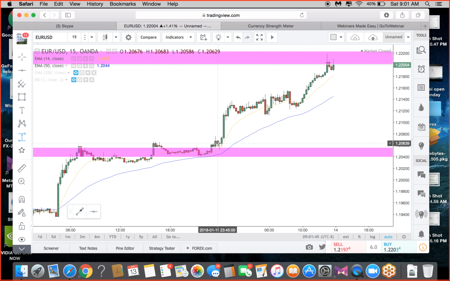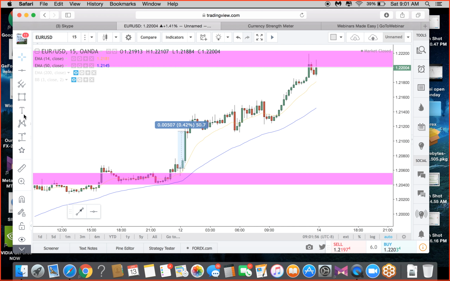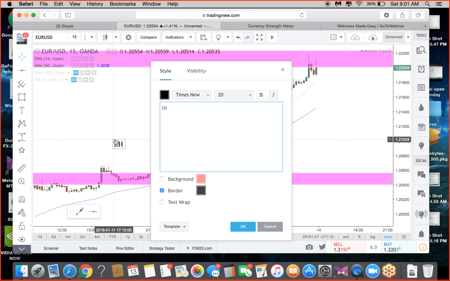This is literally by London. This is London Open here. This whole area is London. And then, of course, the little tricks. London Open is usually always bullish, so keeping that in mind helps.